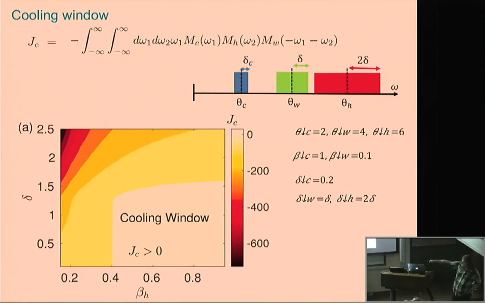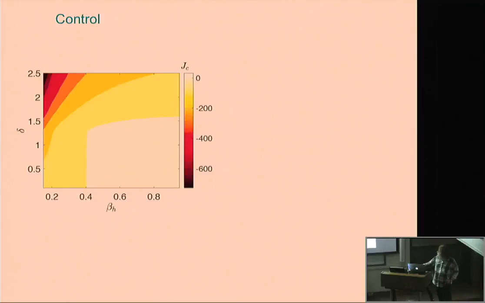The intuition here is that when delta becomes too large, when these functions start to overlap, you are going to lose the cooling operation because you are going to have leakage. You're going to have processes where the work reservoir hits the other reservoirs, so these other processes dominate.